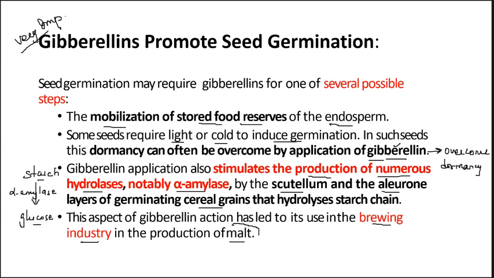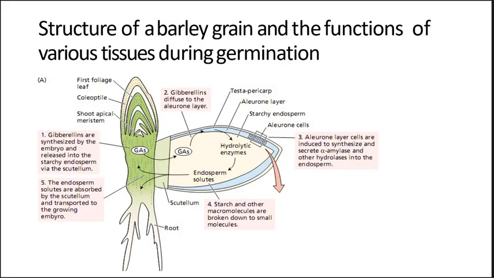Malt production is an essential step in the brewing industry, and gibberellin plays an important role in it. So see here, gibberellin acts primarily by inducing the expression of the alpha amylase gene.